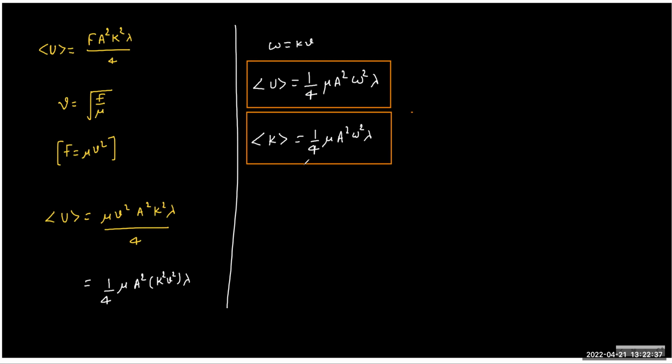So the potential is this much, the kinetic is this much, and once you have the formula, you can see the total energy, let's call it the average total energy.